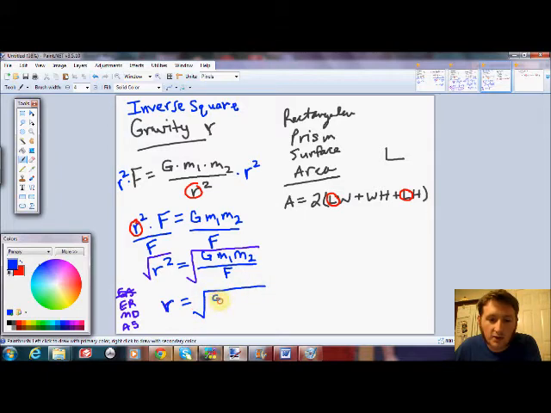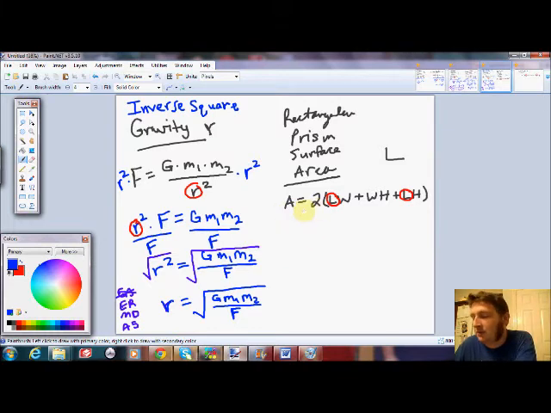So we get the square root of a not very nice looking fraction, where the numerator is the product of gravitational constant and the two masses, and the denominator is the force between them. So all I really wanted to do with this problem was show you the square of a square root trick. I want to throw that in because we'll be needing that.